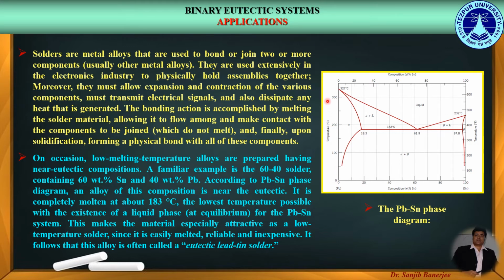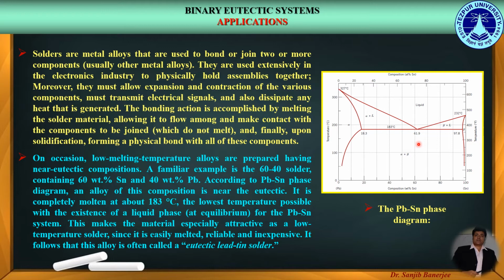In this figure, we can see a lead-tin phase diagram where the eutectic composition is 61.9% of tin and the eutectic temperature is 183 degrees centigrade. So, according to this lead-tin phase diagram, an alloy of this composition, that is 60 weight% of tin and 40 weight% of lead, is very near to this eutectic composition of 61.9% of tin.